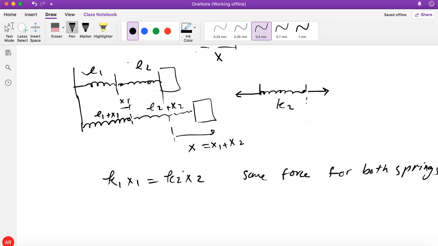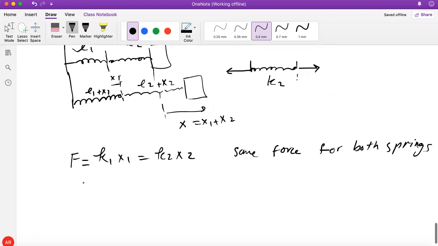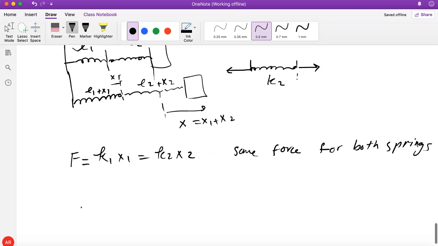Okay, so now we know what to do. Let's say the force on this object is going to be in the opposite direction, if I'm careful about the sign, minus F is equal to the mass times the second derivative of x with respect to time.